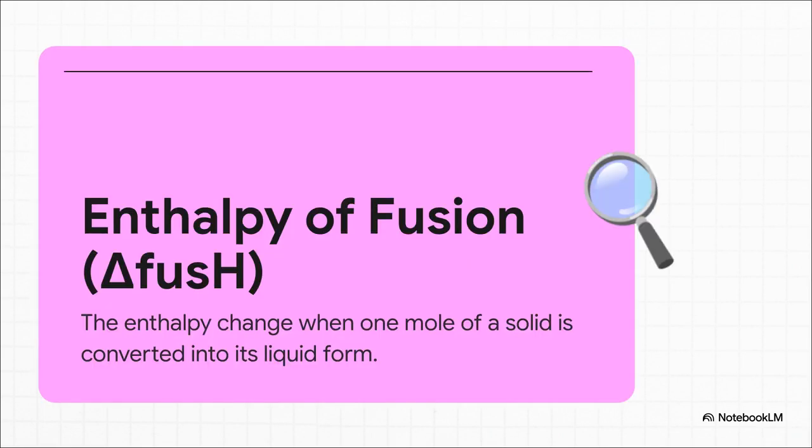Let's just focus on fusion for a second. This is the precise amount of energy needed to melt exactly 1 mole of something, and a mole is just a standard quantity that chemists use, kind of like how a baker uses a dozen. So for ice turning into water, this is the energy required to break apart all those rigid ice crystals, letting the molecules finally flow freely as a liquid.